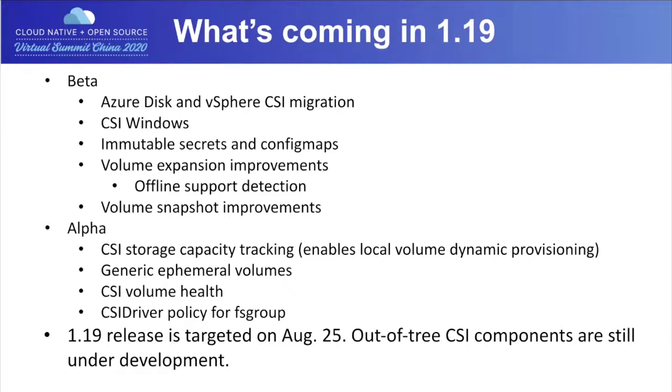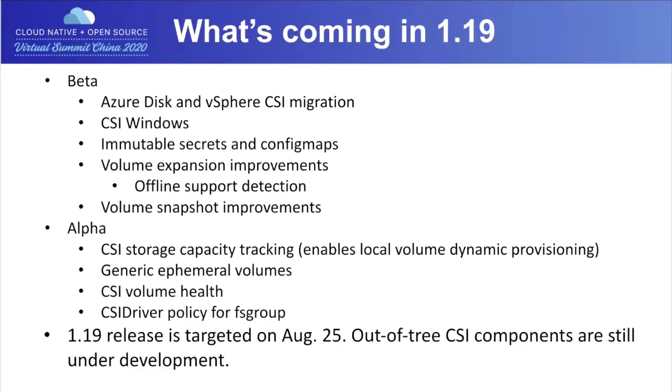And so this release adds the Azure Disk and vSphere implementations for that. And then similarly, the CSI Windows feature that we introduced in alpha in 1.18 is graduating to beta in 1.19.